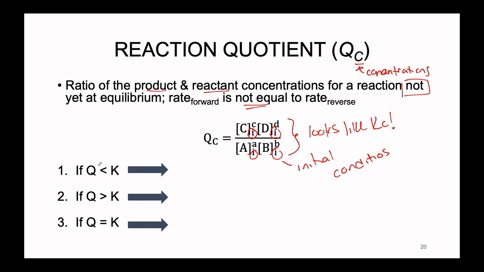The magnitude of Q relative to K, that's what we're going to be looking at down here, points 1 through 3. This Q versus K can tell you the direction in which your reaction will spontaneously move.